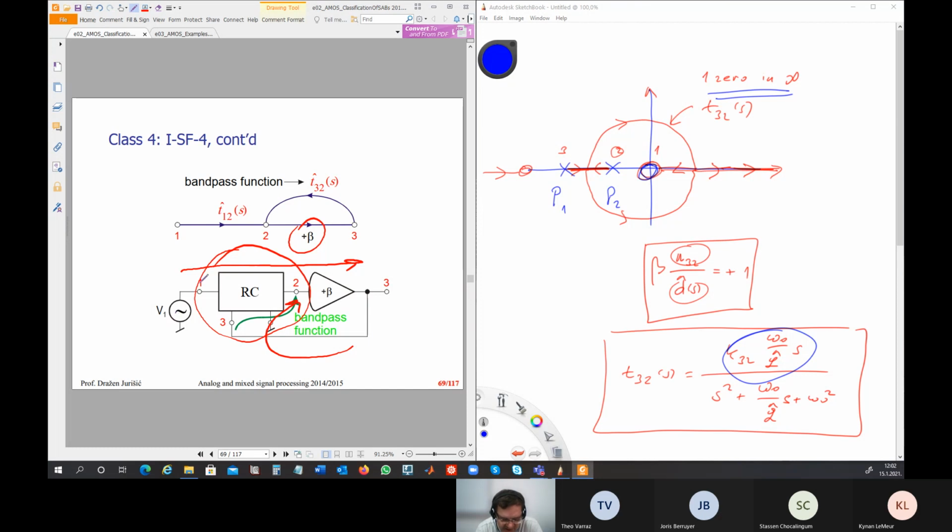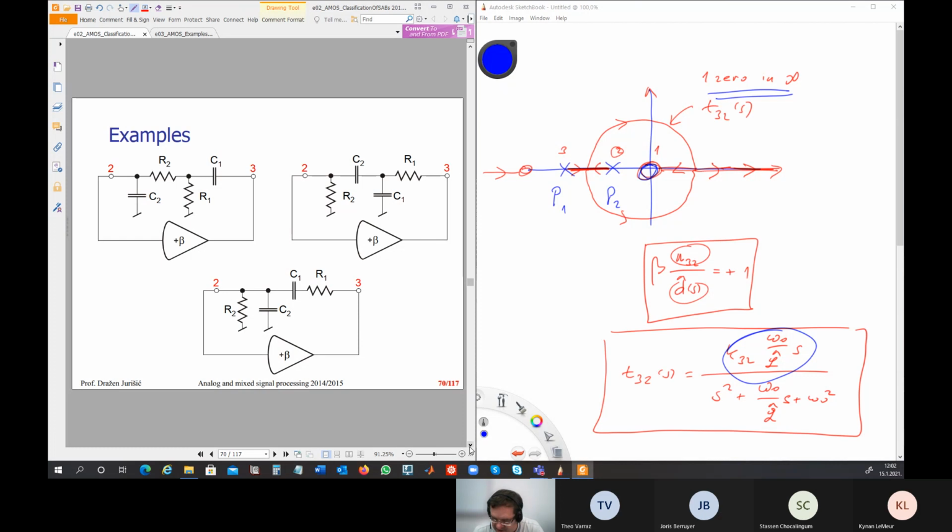In one input is V1, in the second input is the output of this operational amplifier. You must remember that the output of the amplifier here is also nothing else but a voltage source. So this is the V3 voltage source. So everything is good.